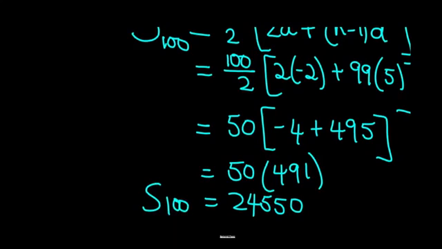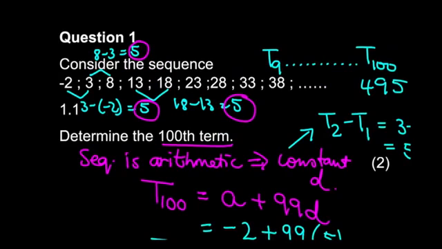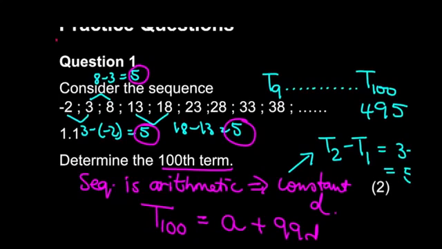Okay, so if we go back to the sequence, what we're saying is that if we take minus 2 and we add 3 and we add 8, we add 13 to that and we add 18 to that, you can see that it would have been 1, that would have been 9, that would have been 22, that would have been 40.